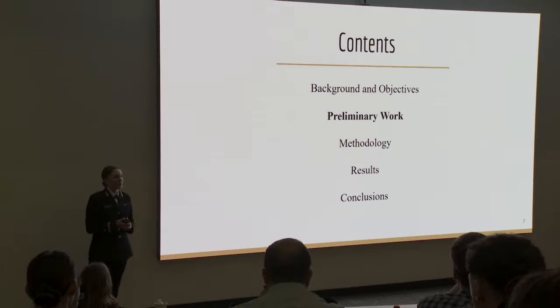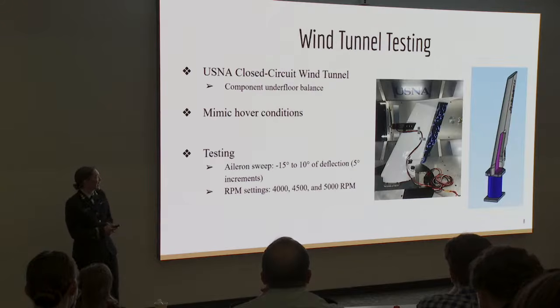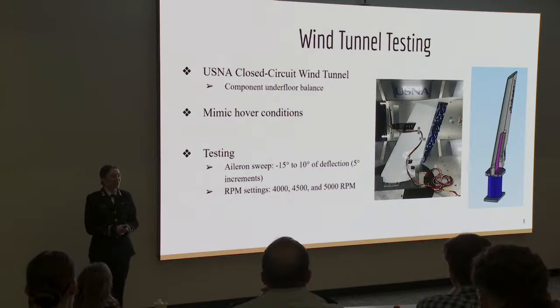Before we got into full-scale flight testing, we did some preliminary work, which was component testing in simulations in the wind tunnel and OpenVSP to obtain some baseline results. We started out with testing a half-span model in the closed-circuit wind tunnel right here in Rickover.